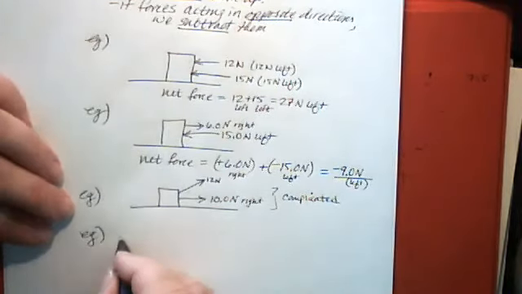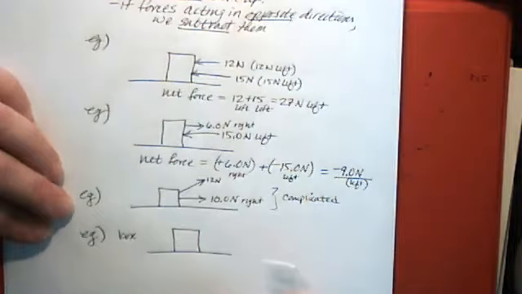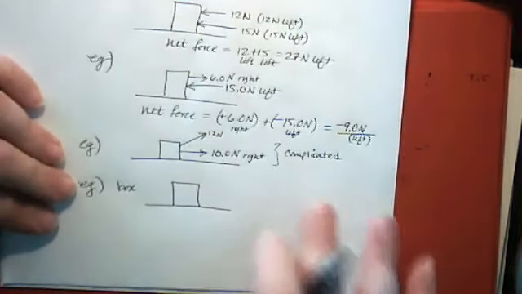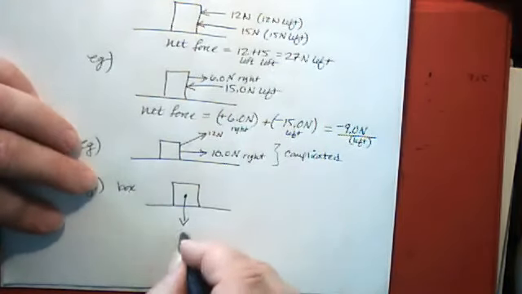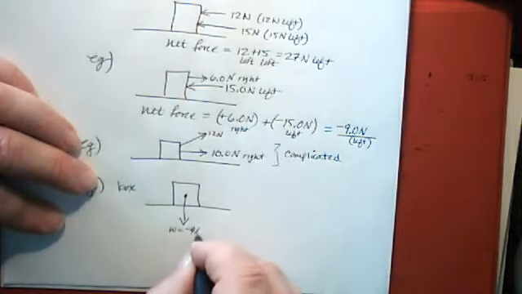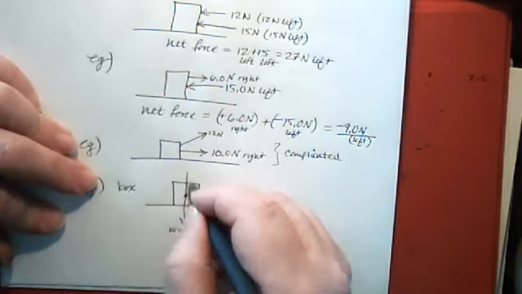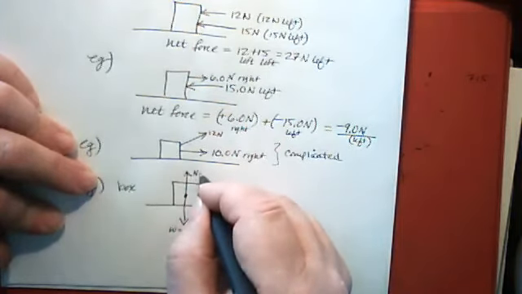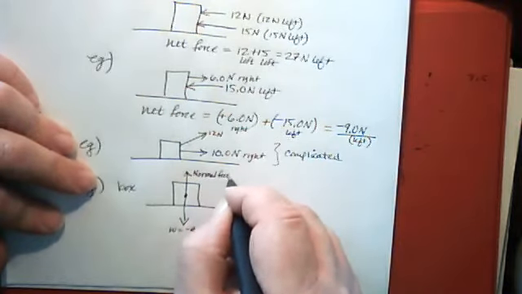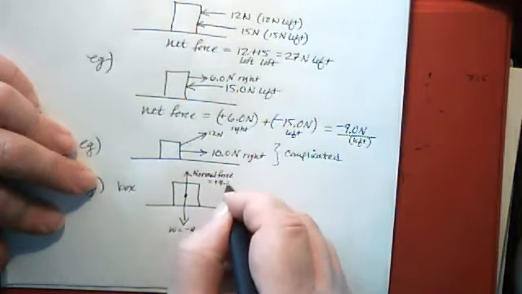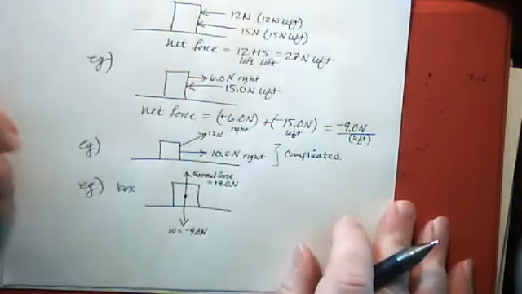Another example might be a box that's sitting on the floor and it has a downward force due to its weight of 4 newtons. At the same time, it has an upward force, which is known as the normal force, exerted by the floor on the box of plus 4 newtons.